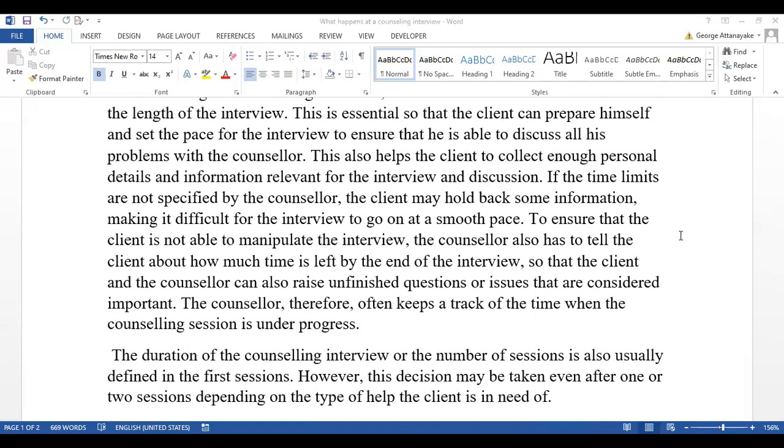The counselor has to decide about the time limit, the length of the counseling period, and is supposed to let the client know the time period, so they can prepare themselves, according to the time, for how much information they can reveal in that period. And as the session goes on, they need to keep track of time and keep updating the client: this much time is left to keep going on the conversation.